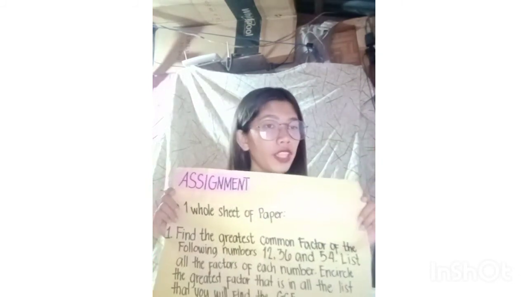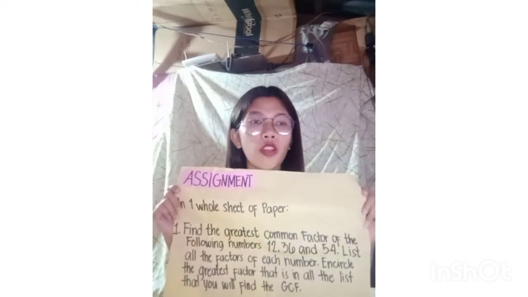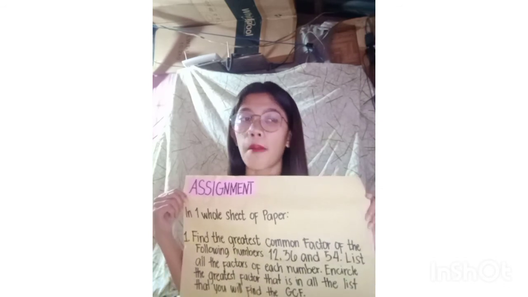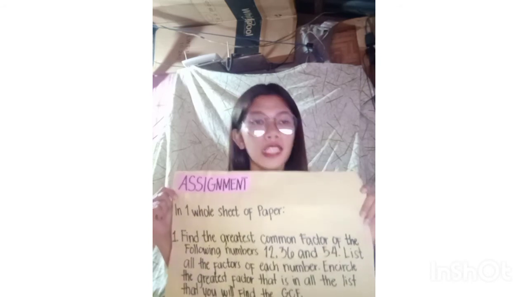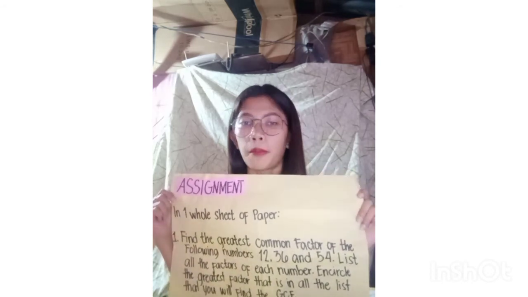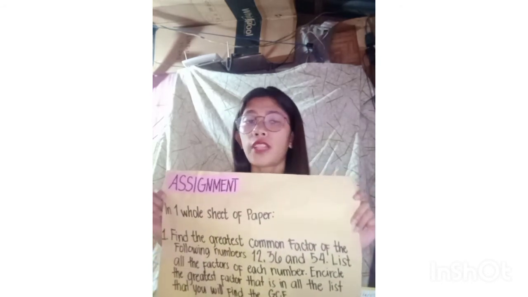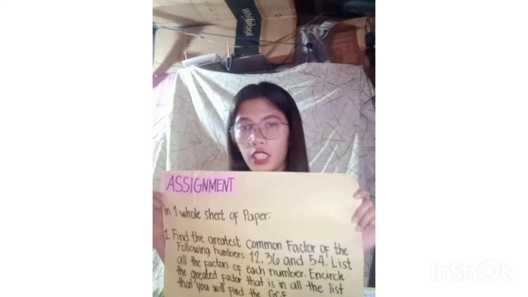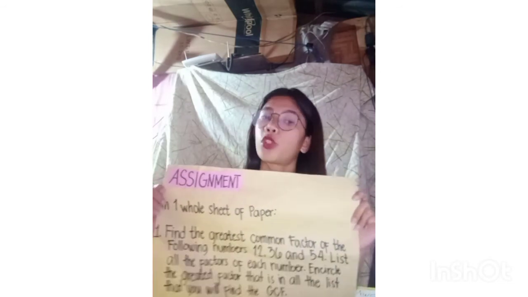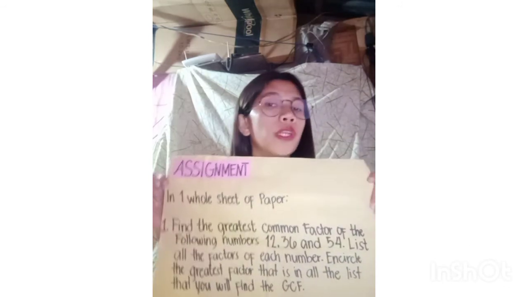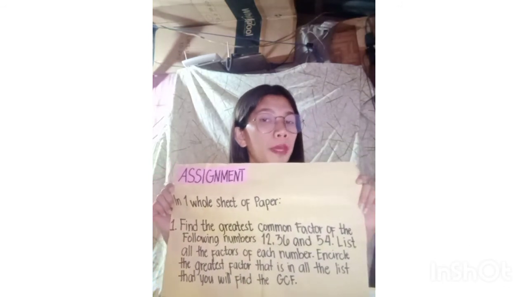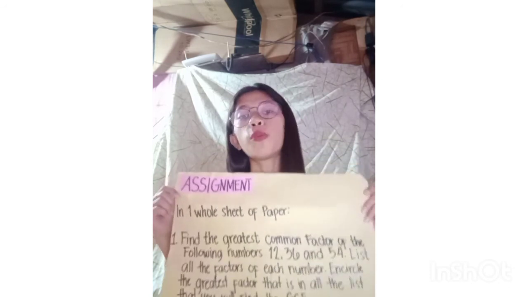And the question is, find the greatest common factor of the following numbers, 12, 36, and 54. List all the factors of each number and circle the greatest factor that is in the list so that you will find the GCF. Once again, one whole sheet of paper, you will pass it tomorrow.